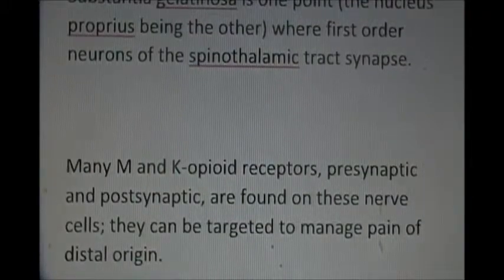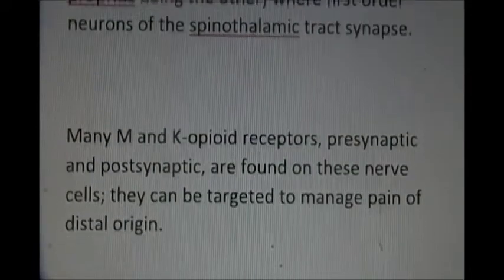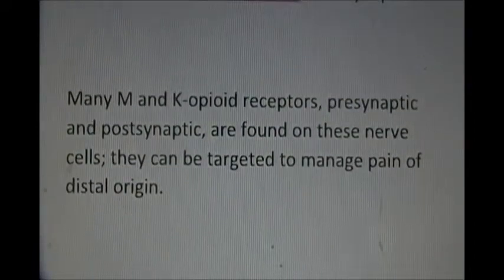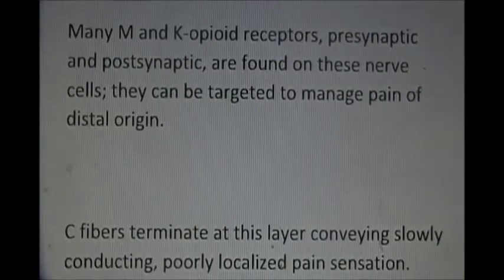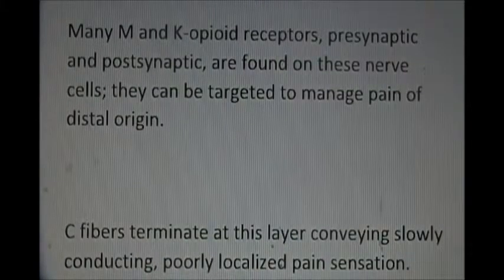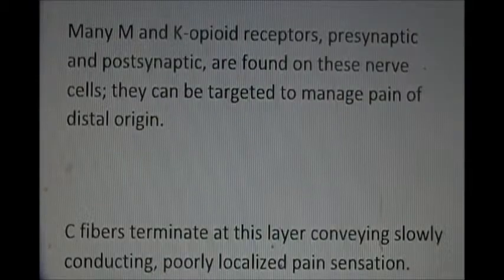Substantia gelatinosa is concerned with pain, and it has many mu and kappa opioid receptors. Presynaptically and postsynaptically, they are found on the nerve cells, and they can be targeted in managing the pain of the distal region.